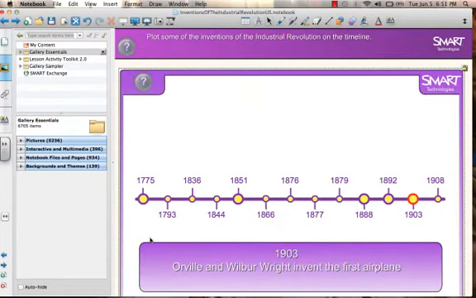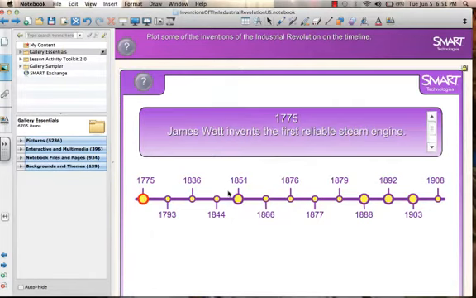This is really neat. They made what looks to be a plot timeline, but if you double click on one of these big individual ones, it shows you which inventor contributed an important invention during that year.